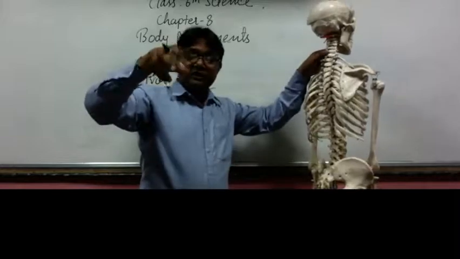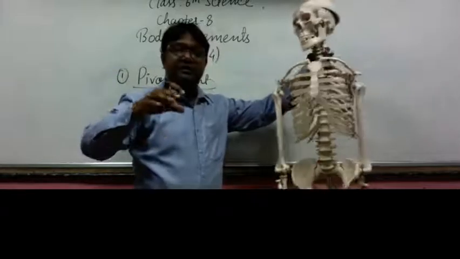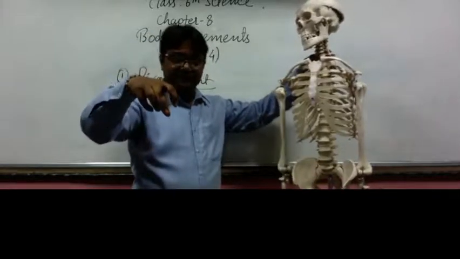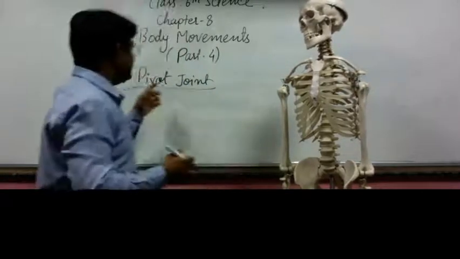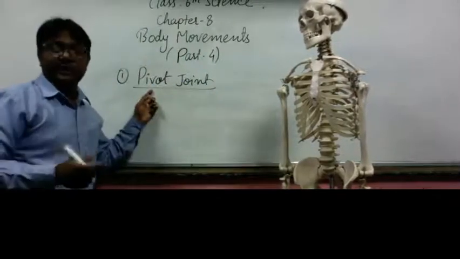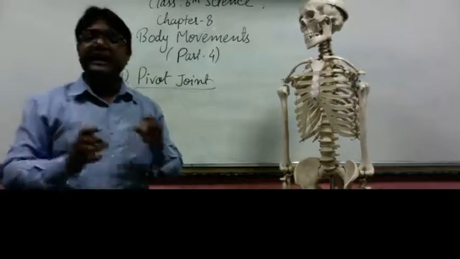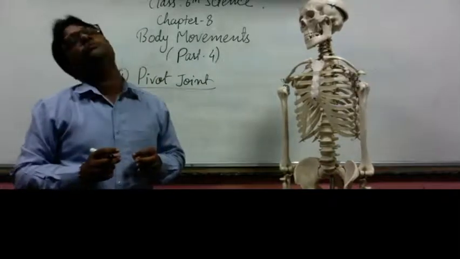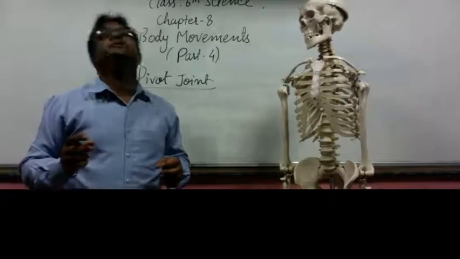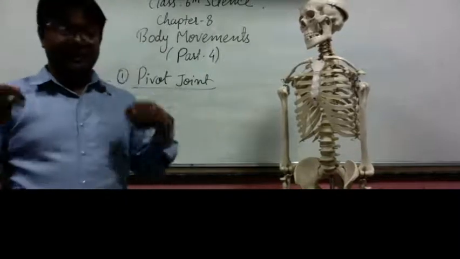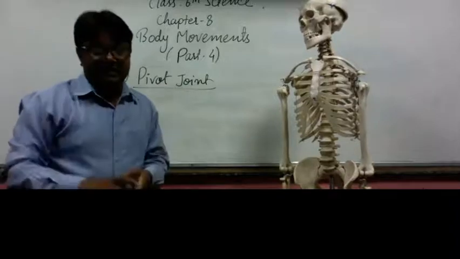There, a round shaped structure is available, on which the human skull fits, and the bones get connected together. That is called a pivot joint, with the help of which we are able to move our neck in all directions. Okay, I think you all are able to see this. I am able to move my neck in all directions.